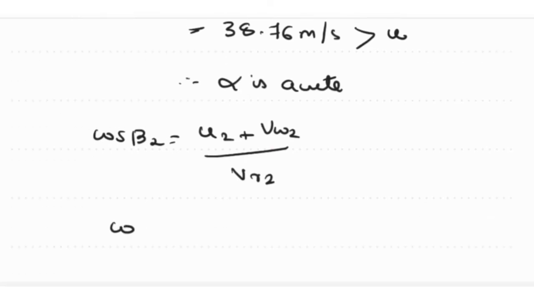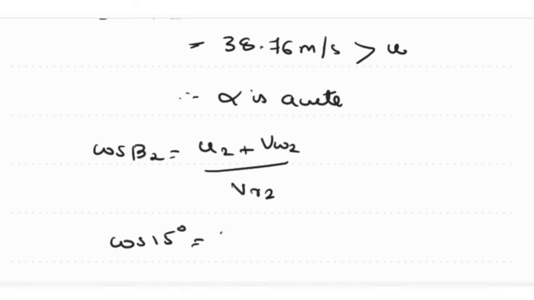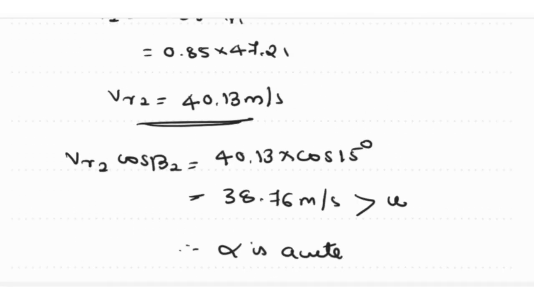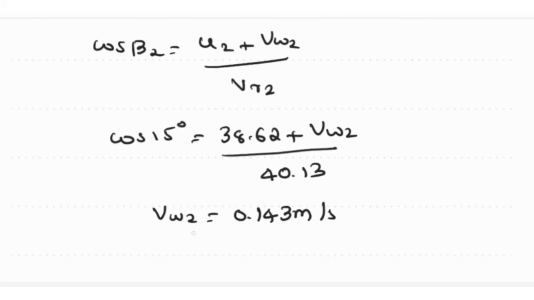So cos of 15 degree is equal to U2 or U, which is 38.62, plus VW2, which is unknown, divided by VR2, which we got as 40.13. If you solve, you will get VW2 is equal to 0.143 meter per second.